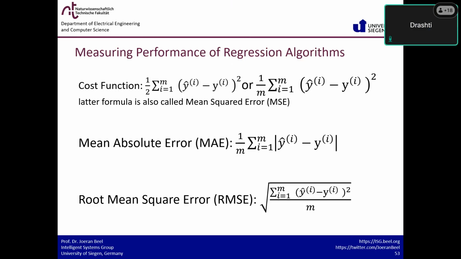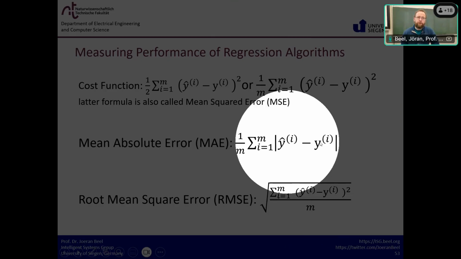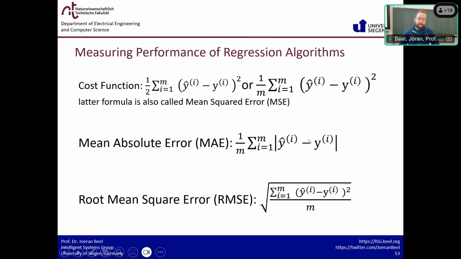Because errors can be positive and negative as well. Someone's talking online, that's very good, I appreciate that. Can you repeat? Because errors can be positive and negative as well. No, that's not really the reason. I mean, that is indeed an important point.